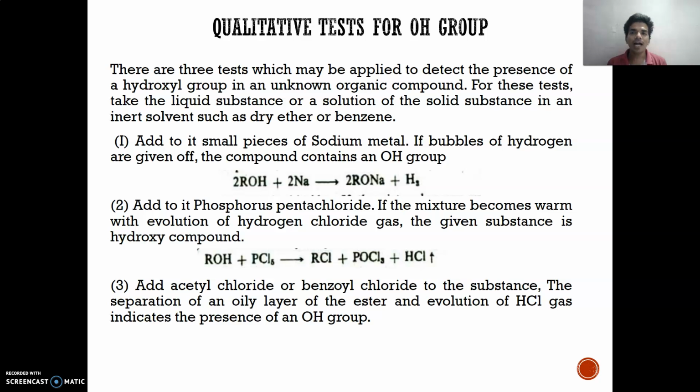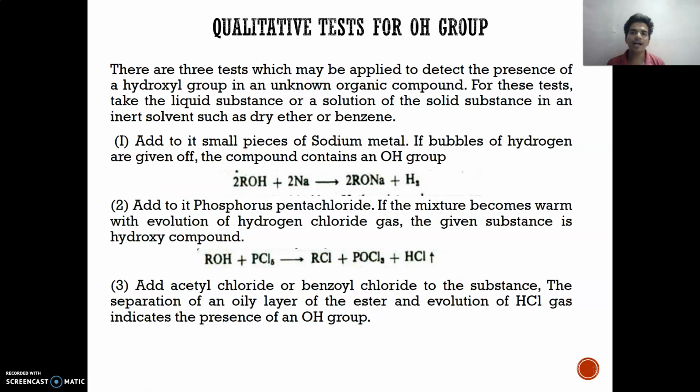Then the next step is to add small pieces of sodium metal. If bubbles of hydrogen are given off, then the compound contains an OH group. So addition of sodium metal gives bubbles of hydrogen, which indicates the presence of an alcohol group. This is the first test for the detection of the OH group.